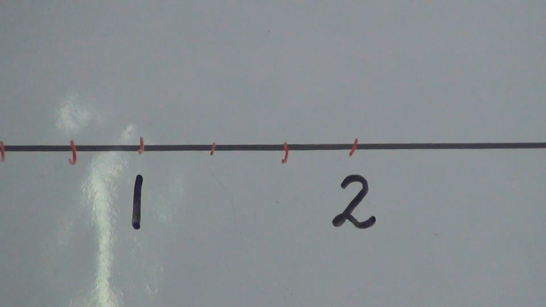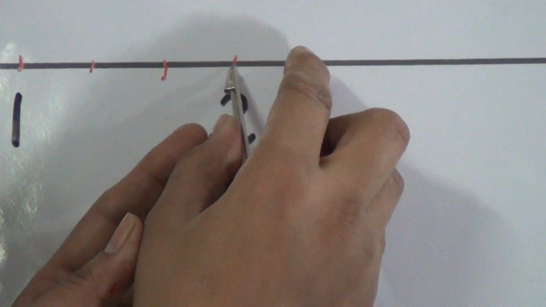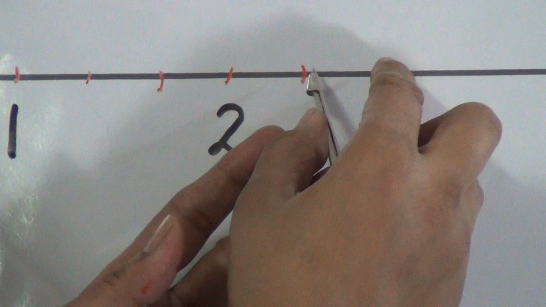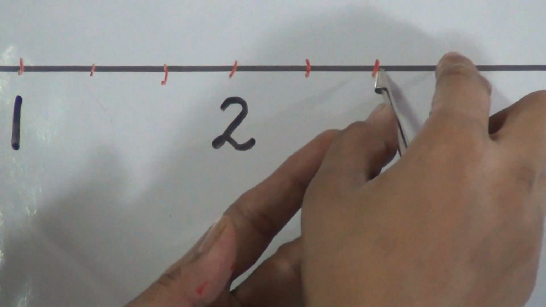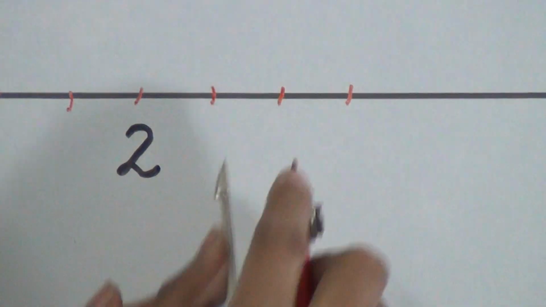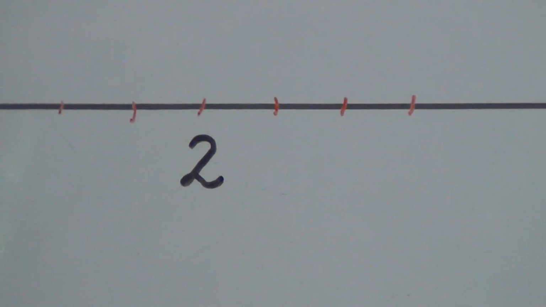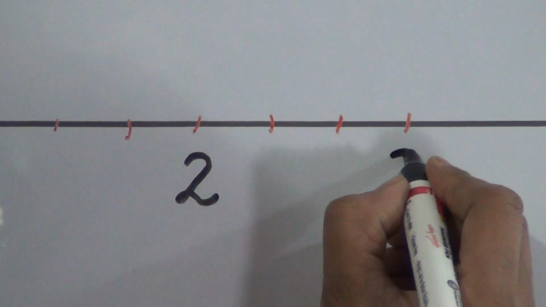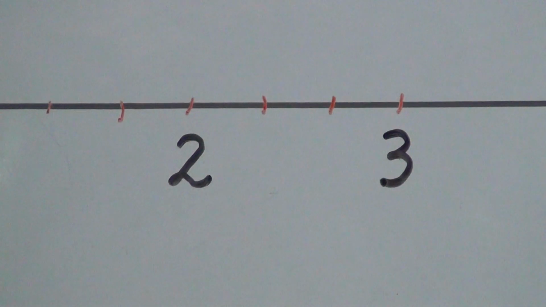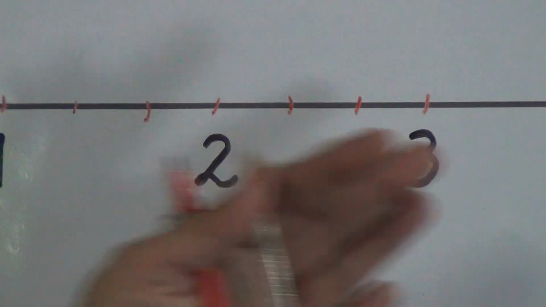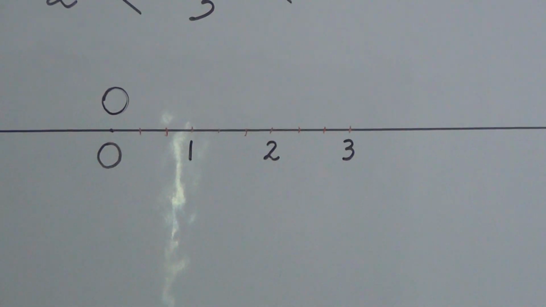Again, we have to mark 3 on this number line. So using compass only, we are putting 3 marks again and here we write 3. It is not necessary to plot other points because this number lies between 2 and 3.